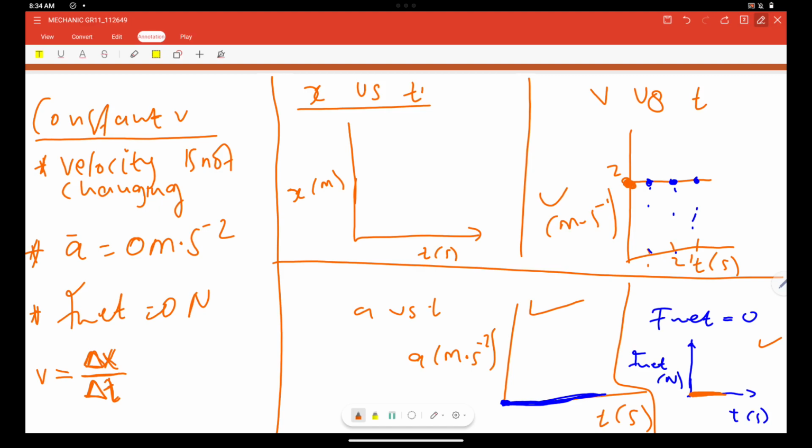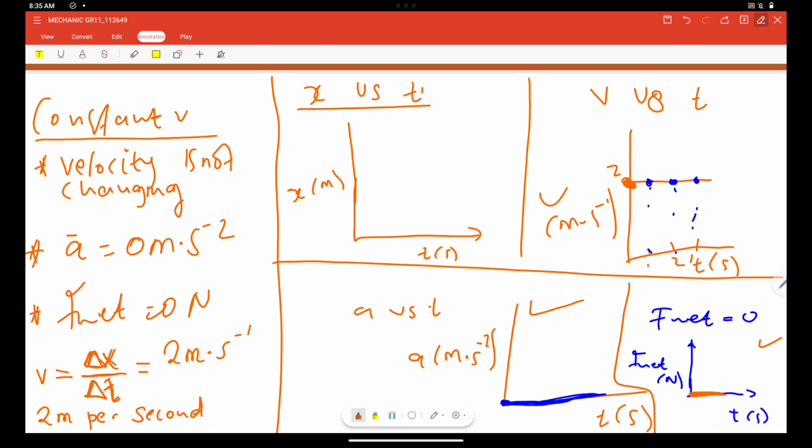So let us say that the velocity that we are talking about, we are told that it is 2 meters per second. What this means in words, it means 2 meters per second. Remember what we put on the numerator, that was the change in position.